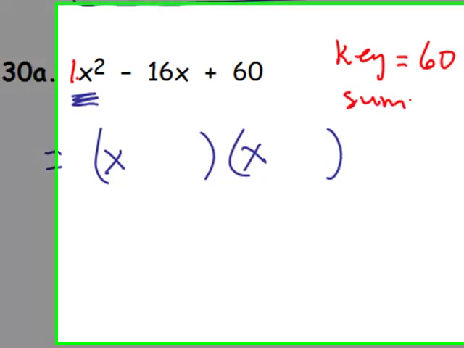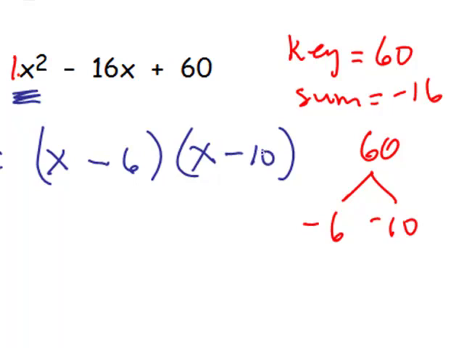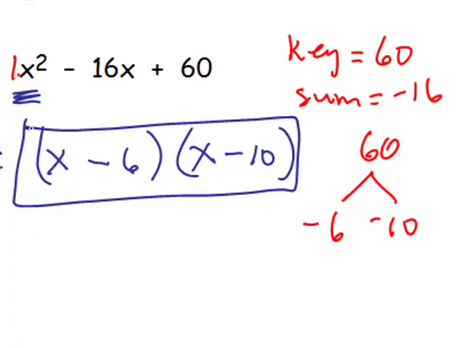And the sum number is negative 16. So looking at factors of 60, you might see the 6 and 10 right away, and they are both negative. So it's negative 6 and negative 10. And because this is a simple type of factoring, the solution we just got in the factor game, minus 6 and minus 10, fit right into those binomials. I want to remind you that you can always check your work here by redistributing, by multiplying that out.